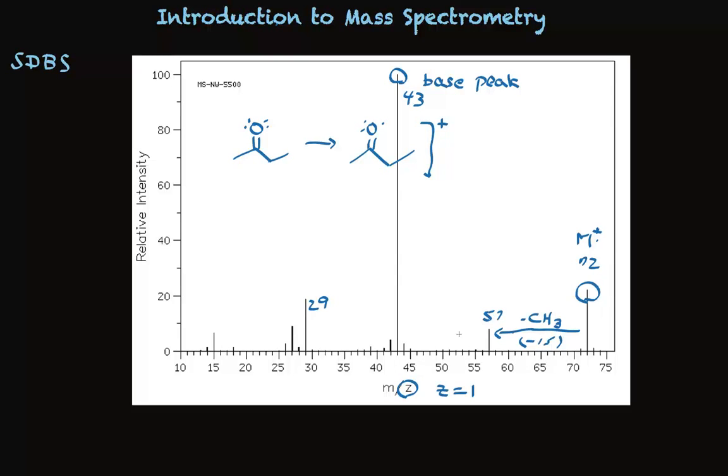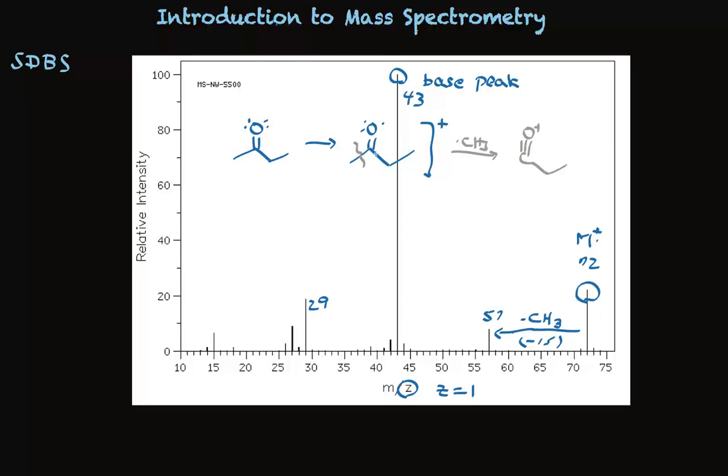And we can understand how that happens. If this bond is broken, to create a fragment where we're losing CH3 as a radical, the fragment we make permits a filled outer shell of all atoms. So the loss of this methyl group makes a lot of sense.